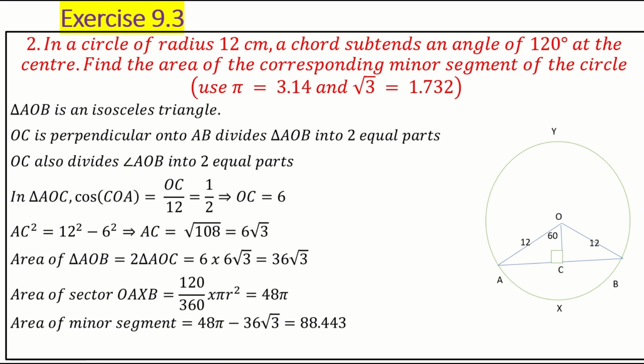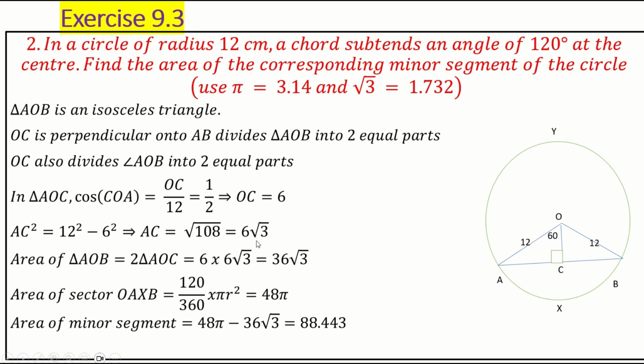So once you know that this is 60, cos 60 is equal to OC by OA. Correct? So OC by 12 is equal to cos 60, which is equal to half, which means OC is 6. You have the OC value, you have the OA value. So AC square equals 12 square minus 6 square, which implies AC is nothing but 6 square root of 3.